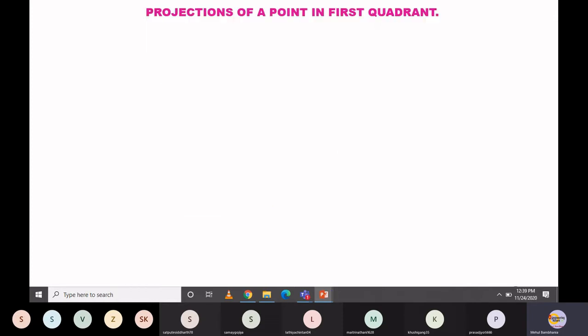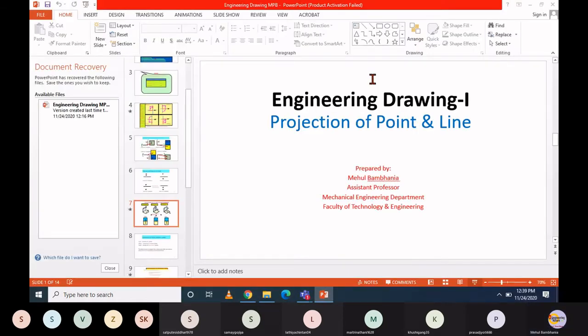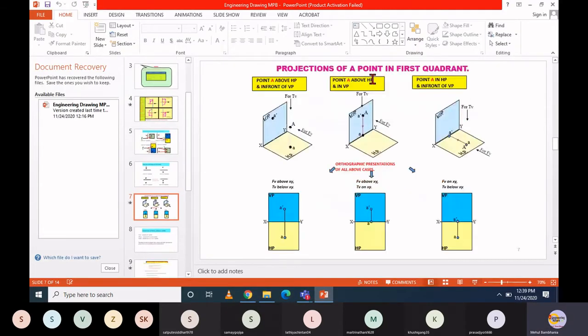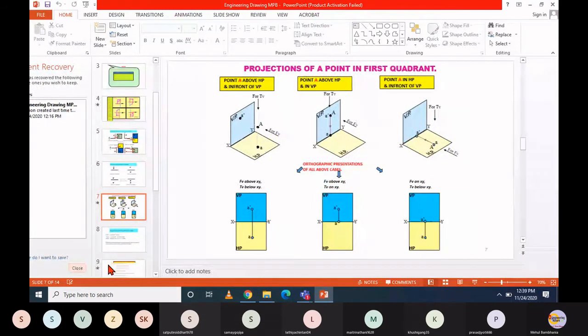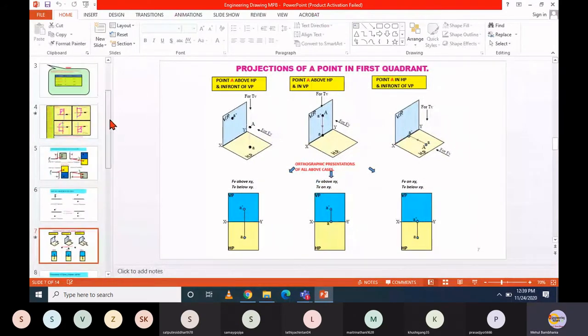If we are talking about points, we have three different possibilities. Possibilities in the sense of putting the point. I want to show you, this is the quadrant system.